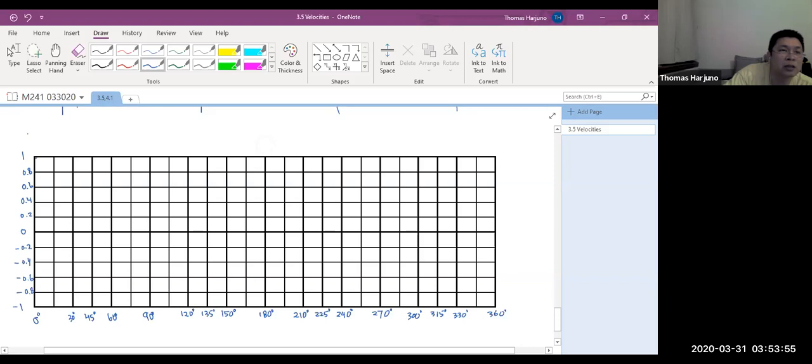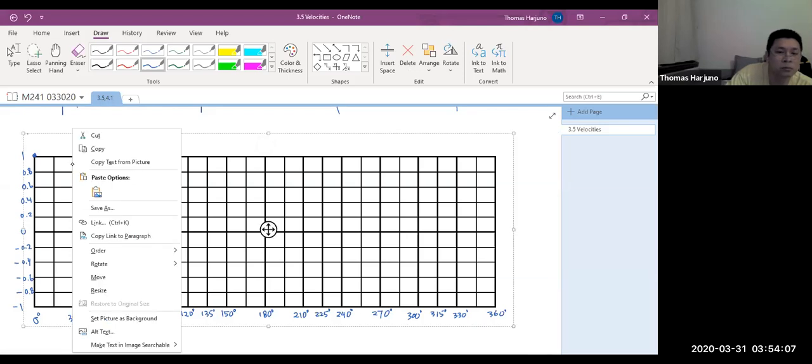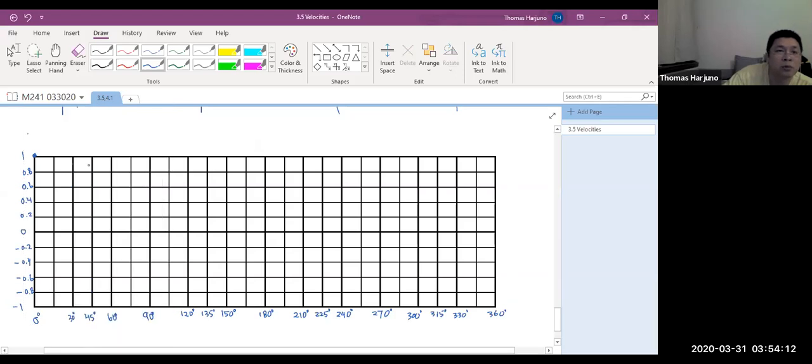And cosine starts from cosine 0 is 1, cosine 30 degrees is 0.87, almost 0.9. And cosine 45 degrees, 0.71.